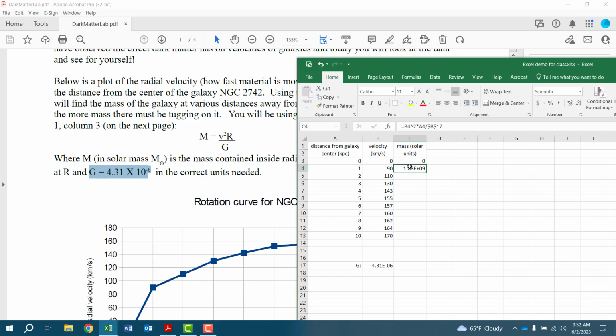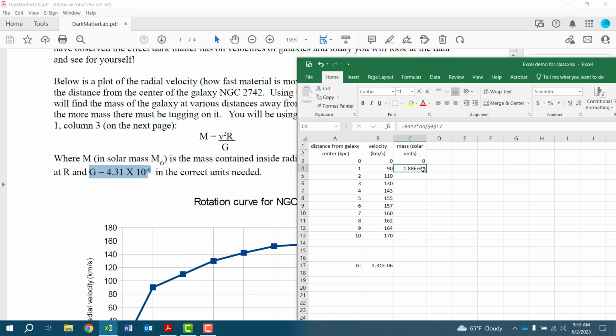So 1.8, that's almost 2. There are almost 2 billion solar masses worth of mass within the orbit of the star, which is what we expected because galaxies have billions of stars in them. Some of those stars are more massive than the sun, some are less massive.